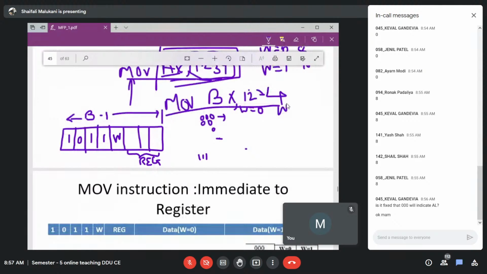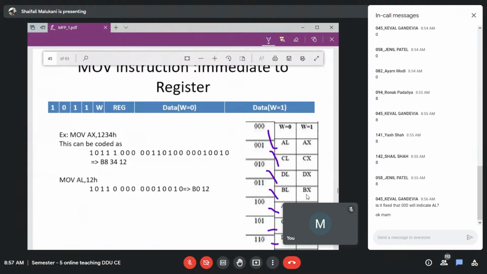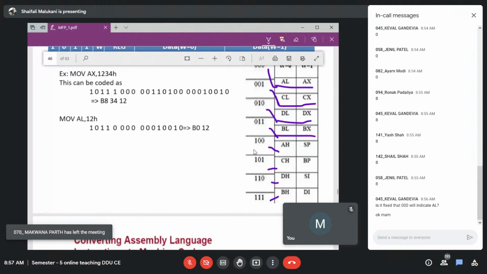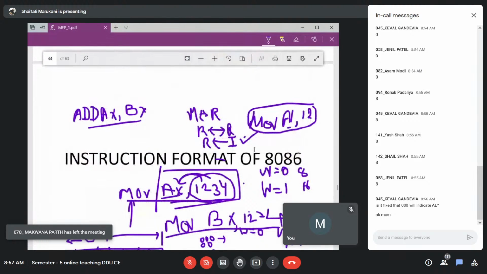And suppose W is equal to 1, then 000 indicates AX, then CX, then DX, and BX. AX, CX, DX, BX. So this you have to remember. Here it is just machine code, that is how it is converted, right?